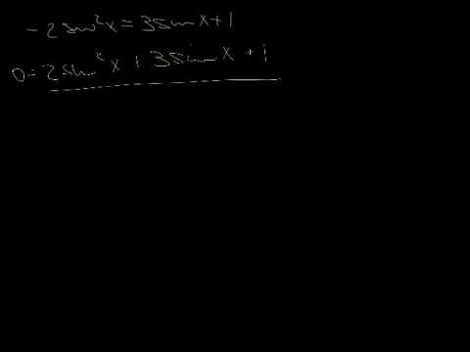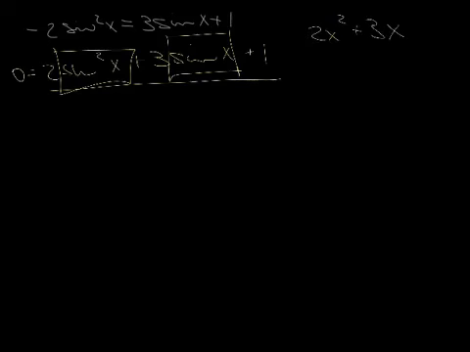So if you look at this as your x being your variable, it would really look like this. So you're doing the math for an equation that looks just like that.